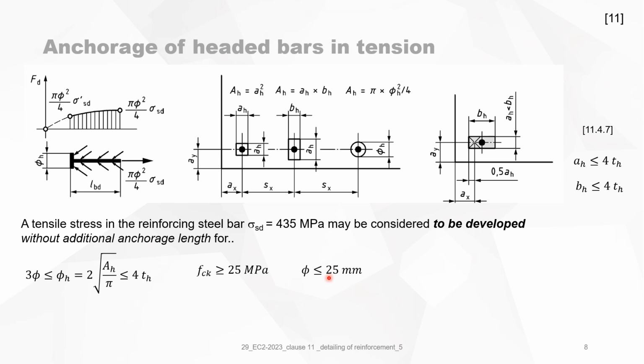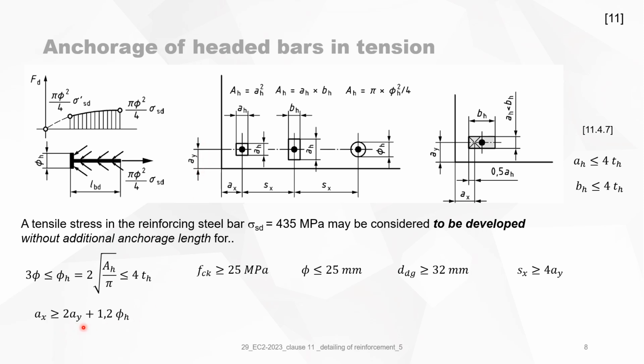The diameter must be smaller than 25 millimeters, because otherwise the force will be too big. DDG must be bigger than 32 millimeters. SX, the center-to-center distance of different bars anchored in line, must be bigger than 4 times AY, which is the concrete cover.